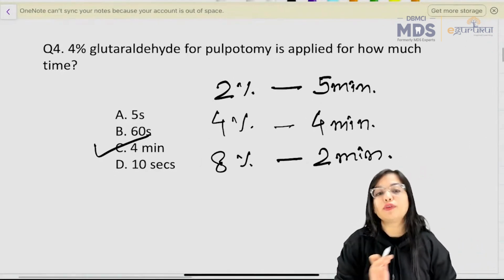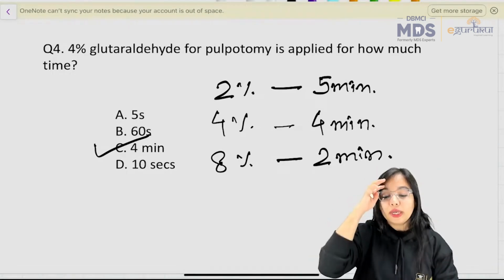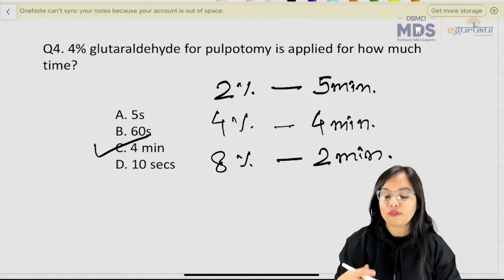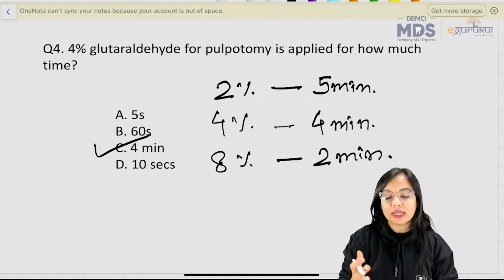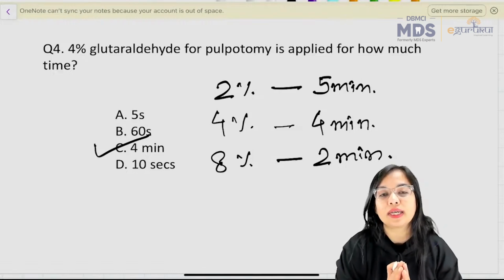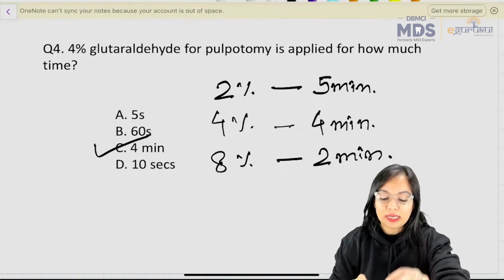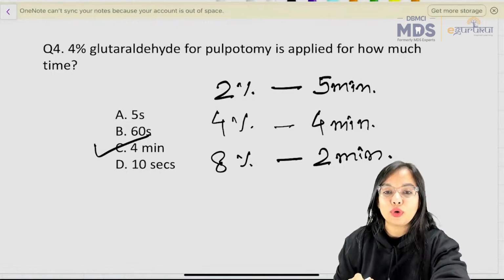So now you know, if you are using 2% glutaraldehyde solution, you need to apply it for 5 minutes. 4% you will use for 4 minutes, and 8% glutaraldehyde solution you will keep just for 2 minutes. So the answer becomes C, that is 4 minutes.